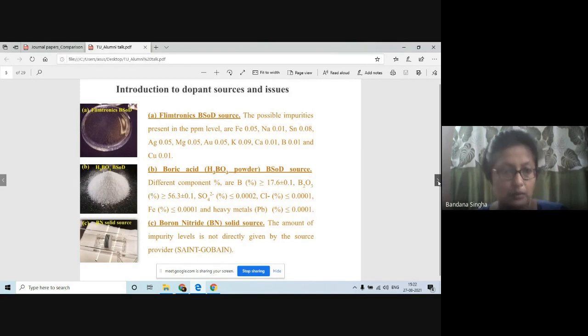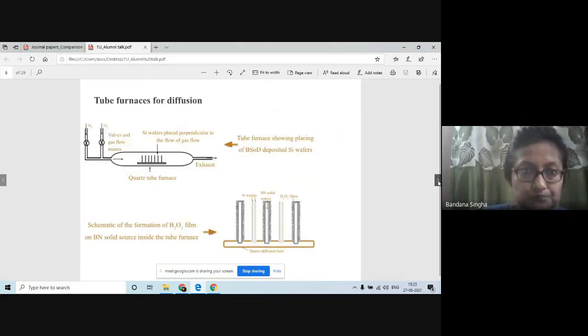Another dopant source is the boron nitride solid source. This solid source is provided by Saint-Gobain, and it is also said to be 99% pure, but the impurities present in that source are not provided by the vendor.